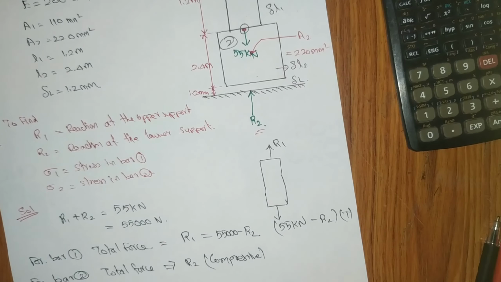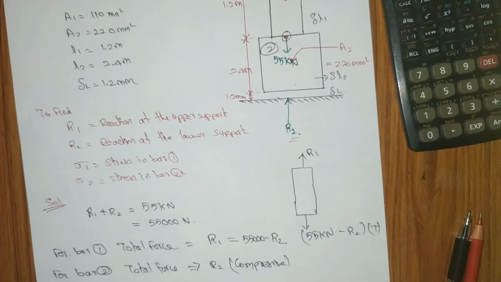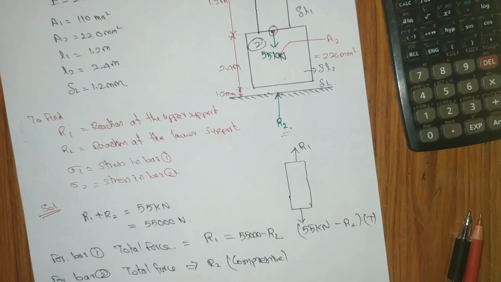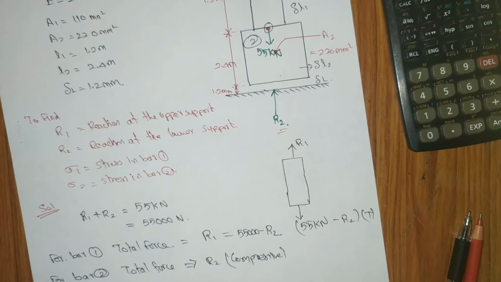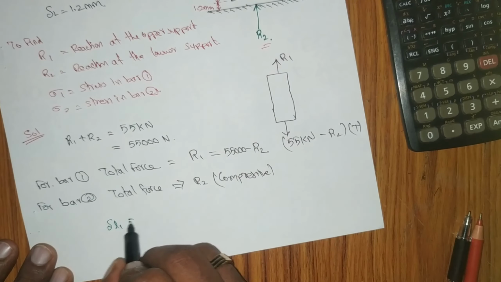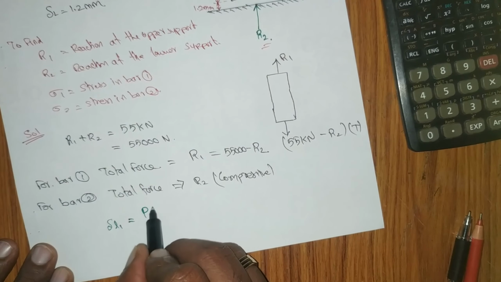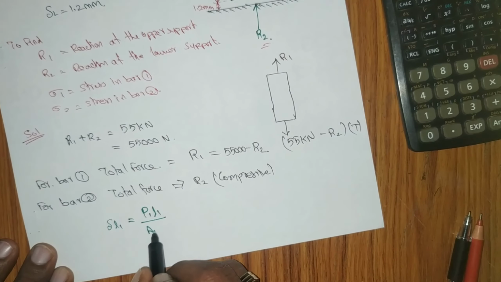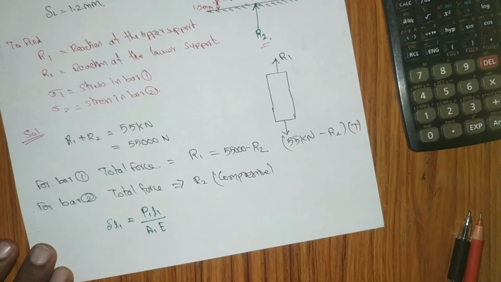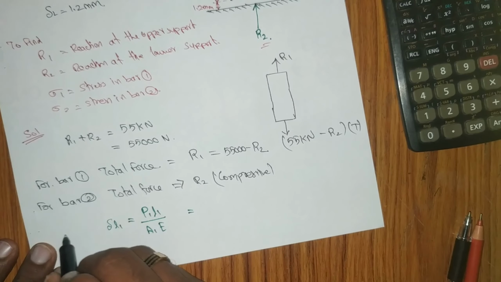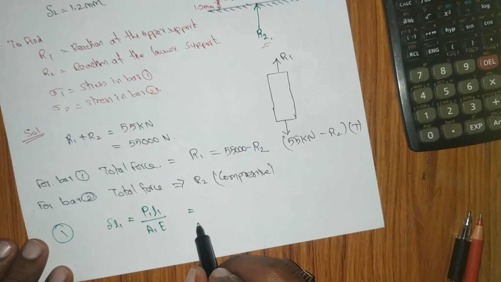We know the formula for the deflection of bar 1. Deflection of L1 equals P1 L1 divided by A1 E, where the modulus E is common. So what is the P value?